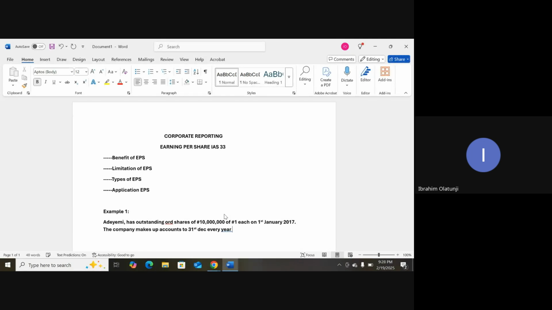The following shares were issued during the year.